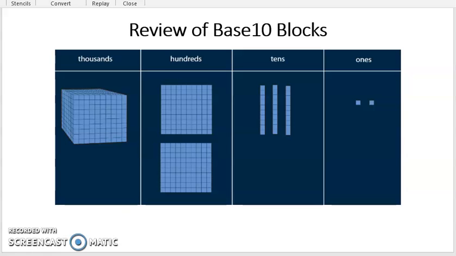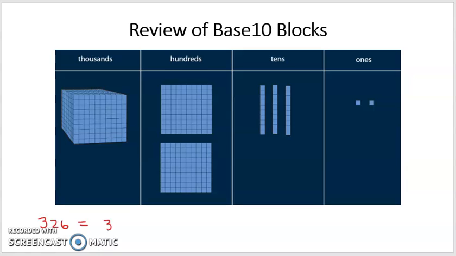So if we have a number, 326, we can write that in expanded form as 3 100s plus 2 10s plus 6 1s. We can represent that with base 10 blocks. The number that I have here is 1,000, 2 hundreds, 3 10s, and 2 1s, 1,232.